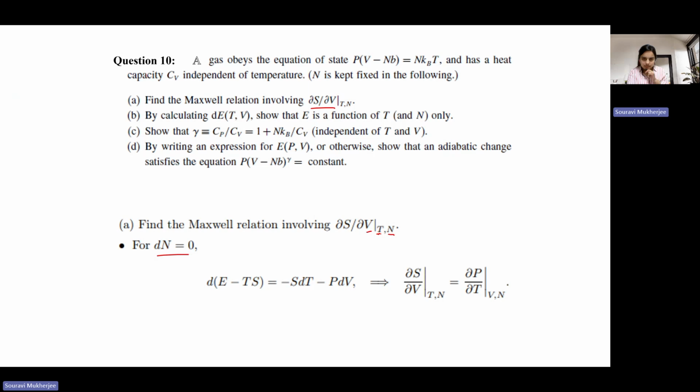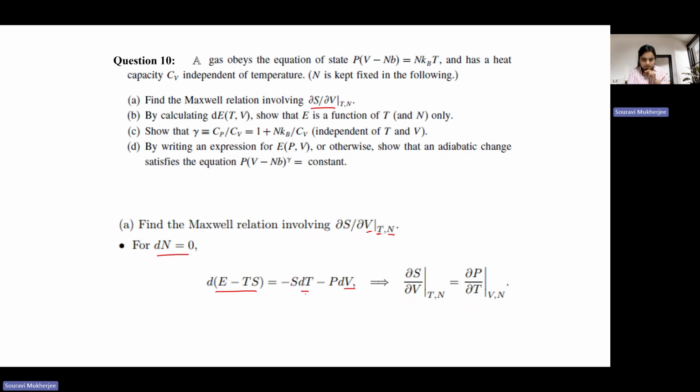So you need some thermodynamic potential that can be written in terms of T and V, right? So that's why we choose the Helmholtz free energy, and it can be written in terms of the differentials by using this relation, right?